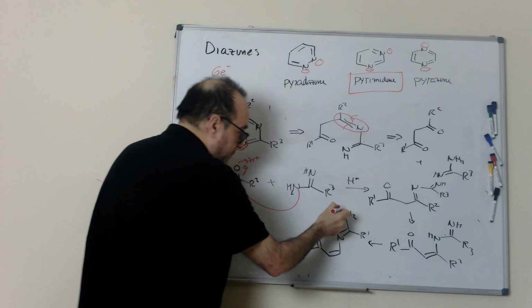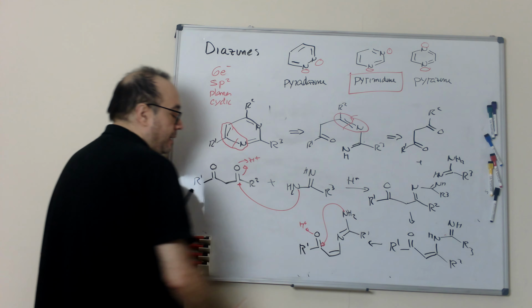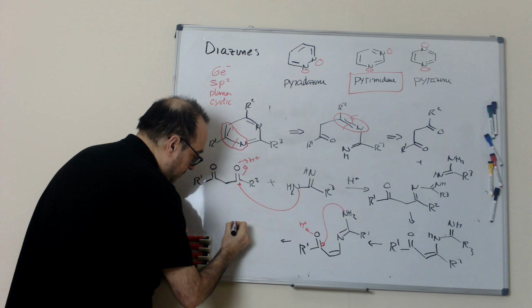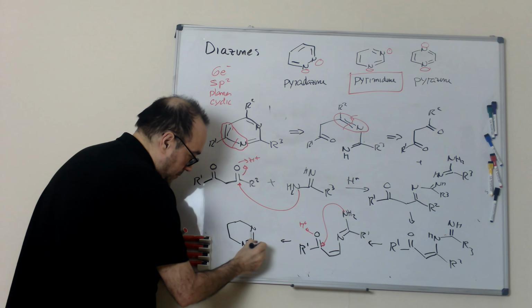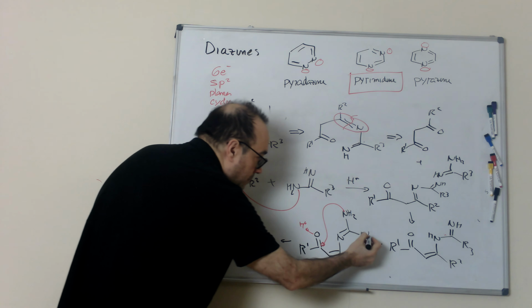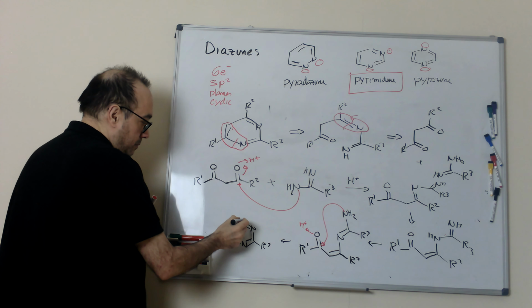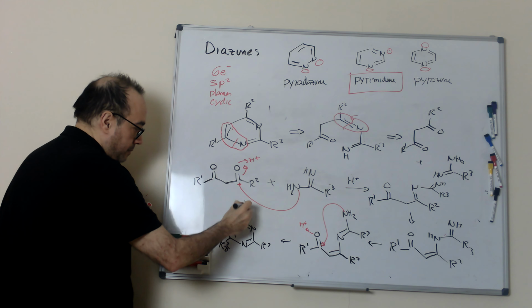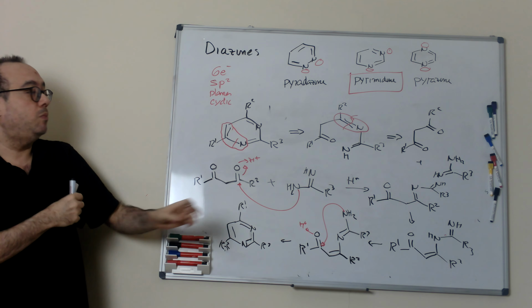And when I have this, the carbonyl takes a proton, is protonated, and then the amino group attacks here, forming the imine, and what I get is pyrimidine. This is the most common way to synthesize it.